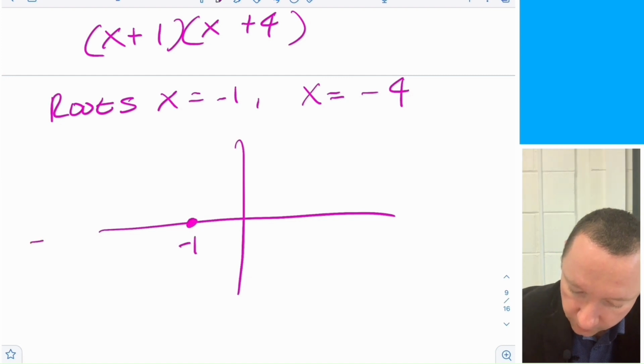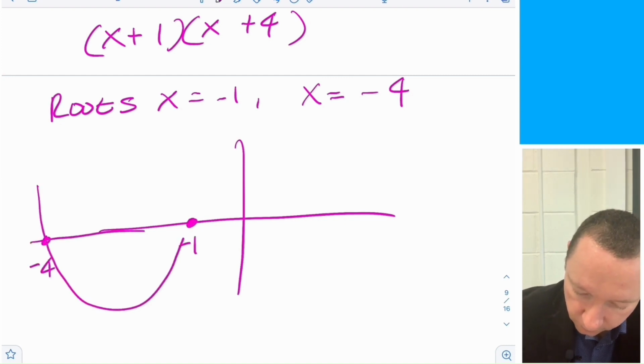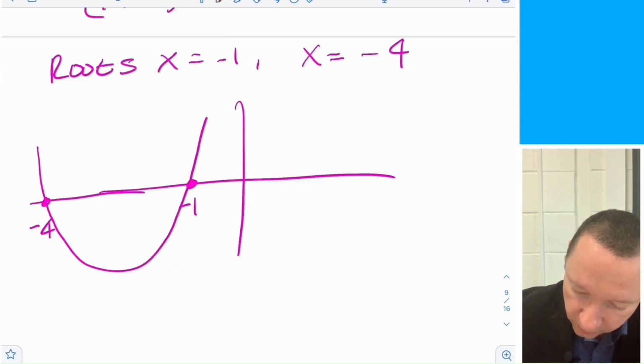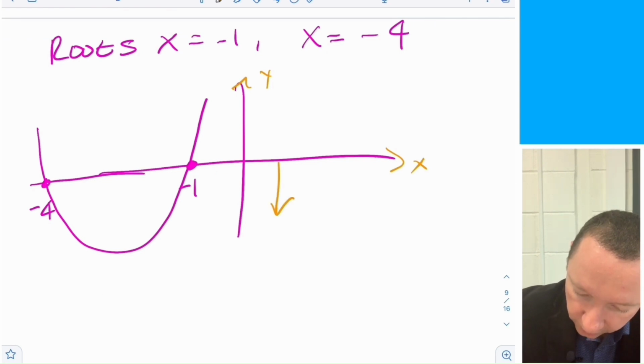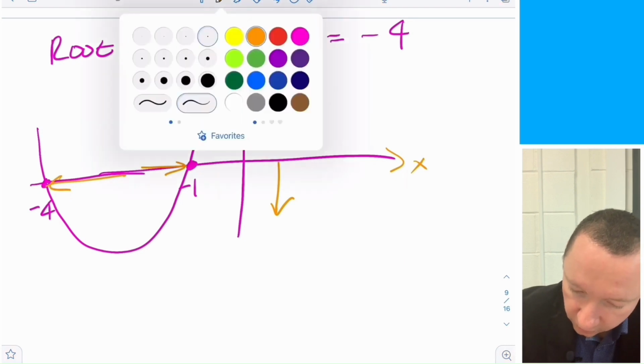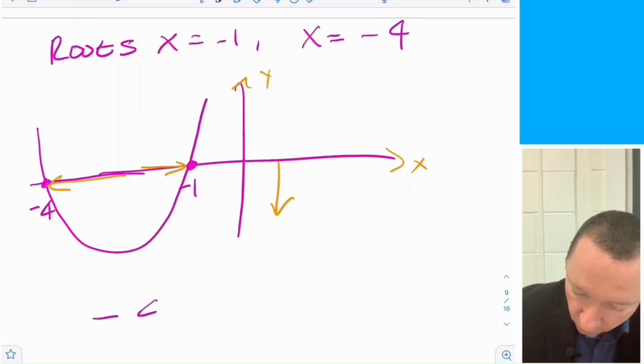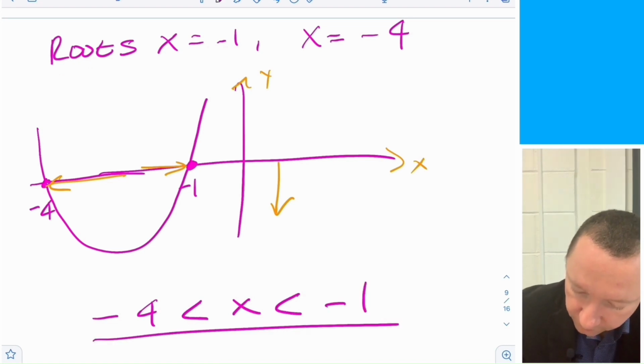Minus 1, minus 4. Less than 0 means below the x-axis. Under here, well, it's under here when it's between these two numbers. So our final answer, minus 4 is less than x, which is less than minus 1.